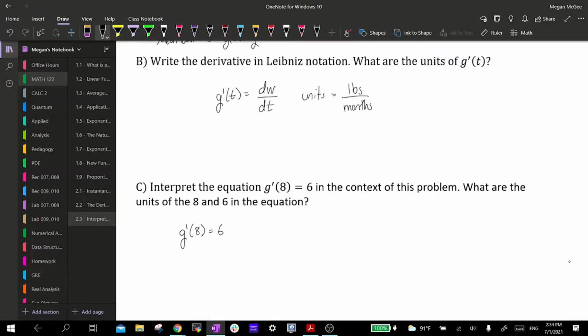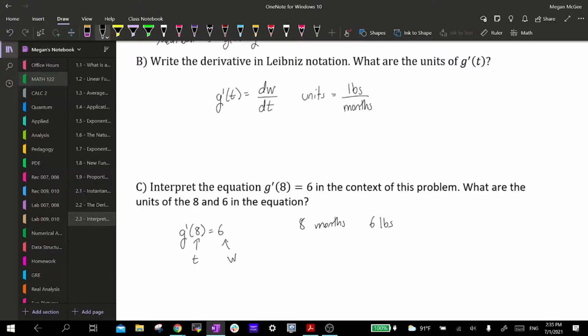G prime of T was our derivative, so 8 is our t value, and 6 is going to be our output, which is our weight values, right? So we have 8 months, that's our unit for 8, and 6 pounds is what we have for our unit for 6.